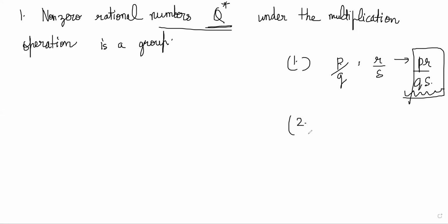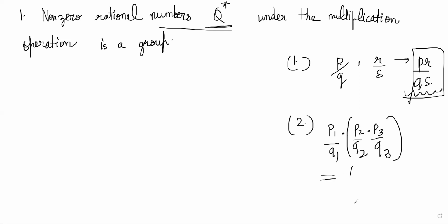The second property is the associative property. Again, we can say (p1/q1 · p2/q2) · p3/q3 will be the same as p1/q1 · (p2/q2 · p3/q3). That is obvious, so the second property is also true.